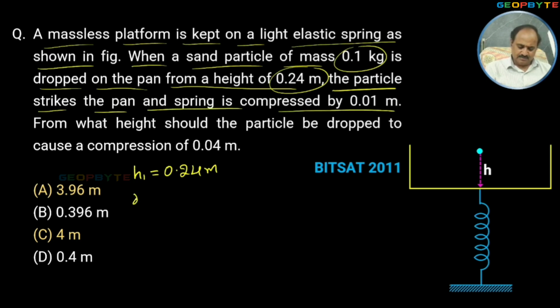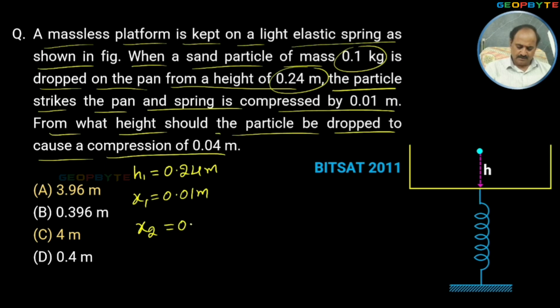Then the deflection of the spring x is 0.01 meter. From what height should the particle be dropped to cause a compression of 0.04? For having the deflection of the spring 0.04 meters, from what height should the sand particle be dropped? That is the question. By applying the work energy theorem, you can decide the answer.